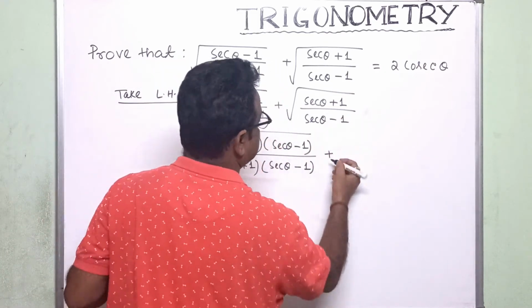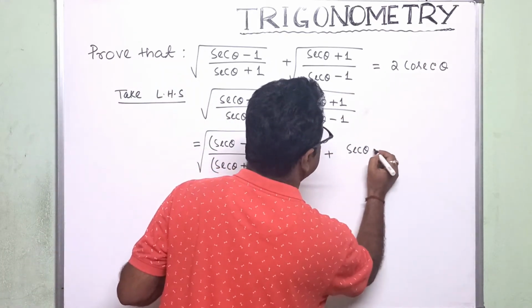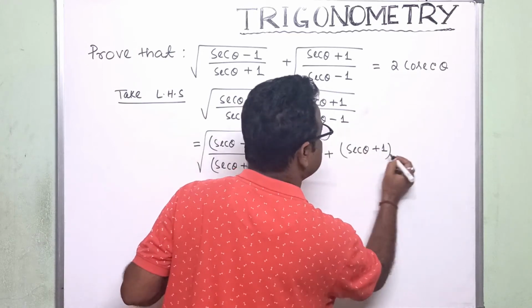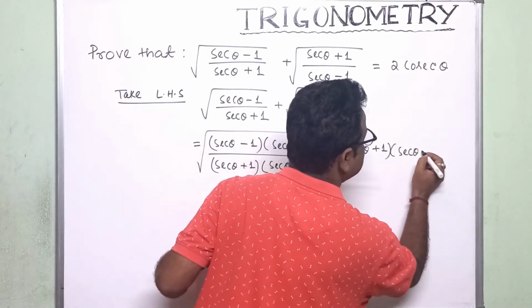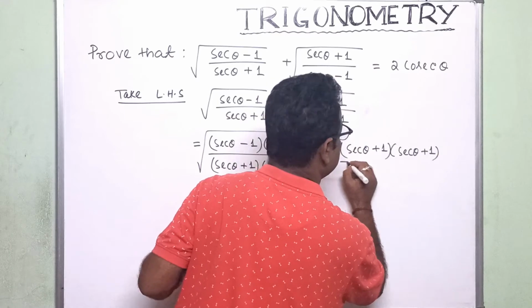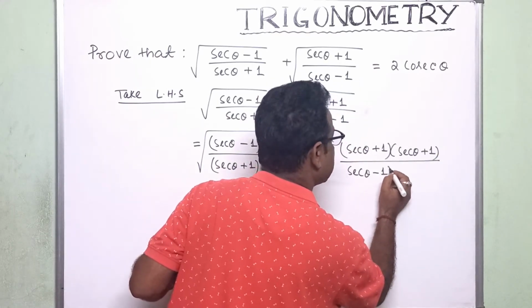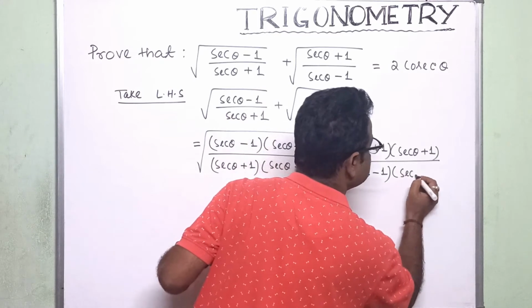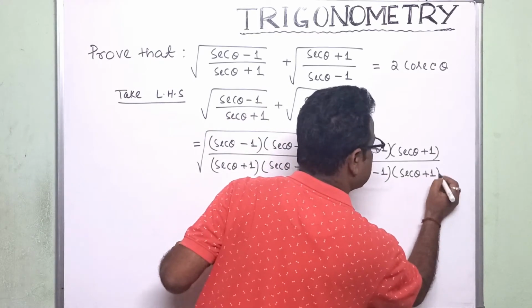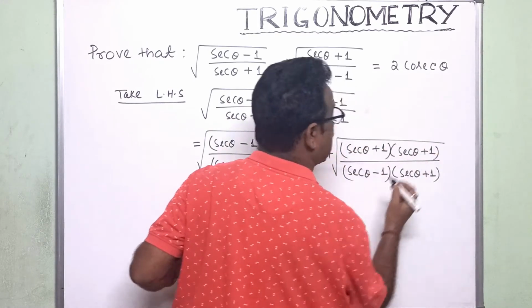Then plus sec theta plus 1 into sec theta plus 1 by sec theta minus 1 into sec theta plus 1, multiplying sec theta plus 1.